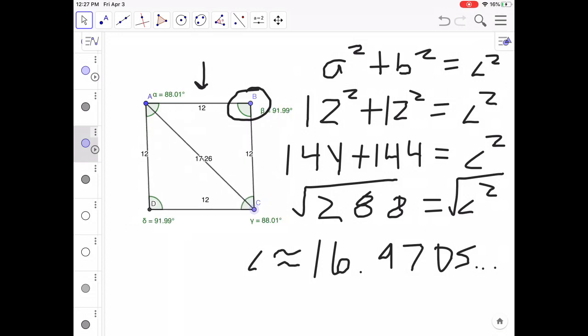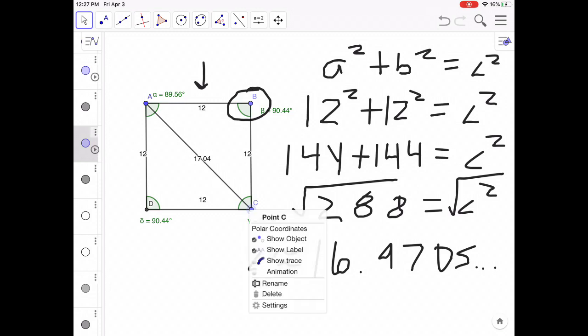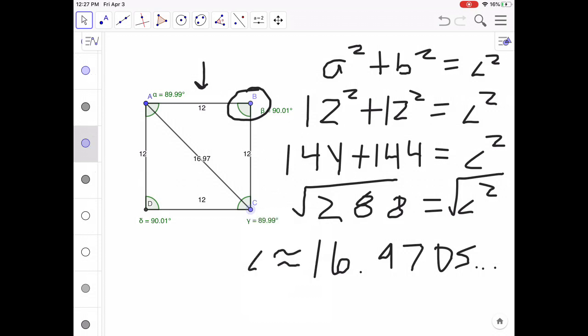But if we move these around and see if we can get it close to 16.97, I just had it and lost it, 16.97. Now you see it's not exactly 90 degrees, but it's pretty darn close. Remember, we're not exactly at 16.97. It's 16.9705 and a little bit more, so it's not going to be exactly 90 degrees. However, if you look at a tape measure, you usually need to go to 1/8 of an inch in the construction world, and this turns out to be about 16 feet, 11 inches, and 5/8 of an inch.